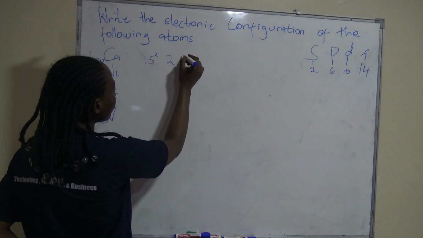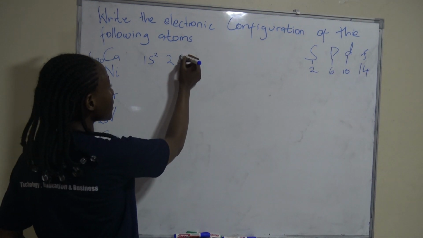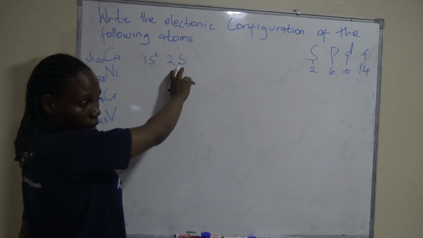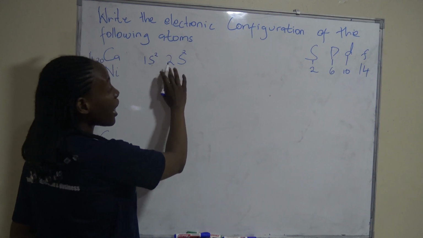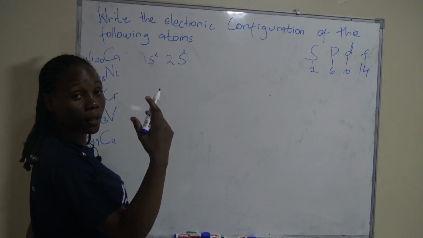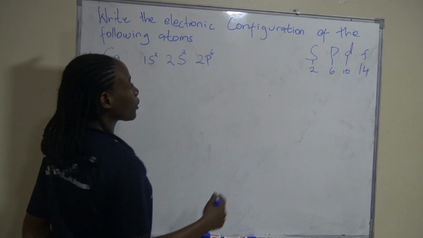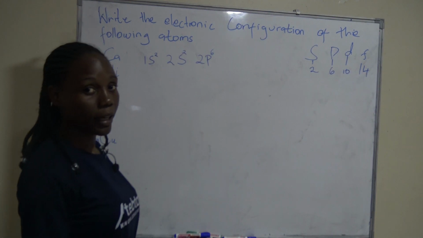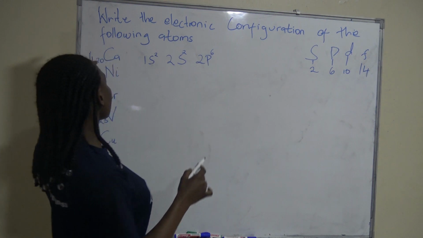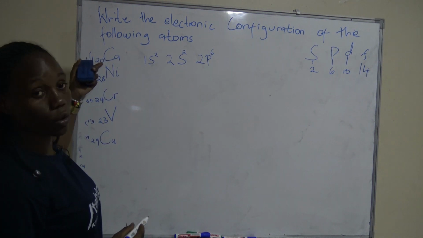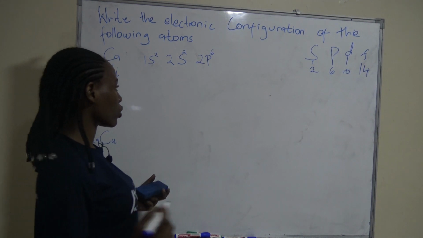From there we go to the 2s shell, and because it is still an S, it takes a maximum of 2 electrons. Then from the 2s we go to the 2p shell, which takes a maximum of 6 electrons. We count them so far: these are 4, these are 10, and calcium has 20, so we are still remaining with 10 electrons.